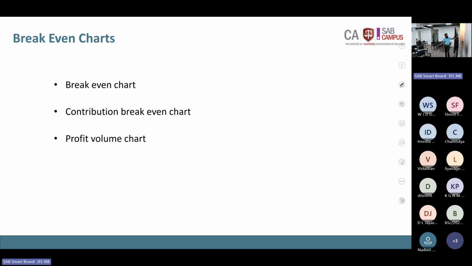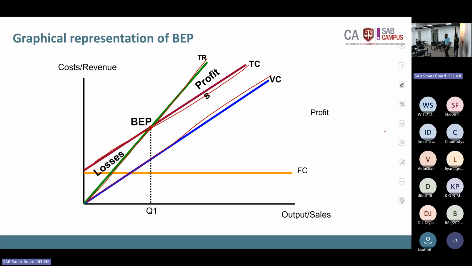And next we have profit volume chart. In profit volume chart, we draw only it's not like this. We draw the profit line, right? So in here, with zero, and here we have profits and losses.